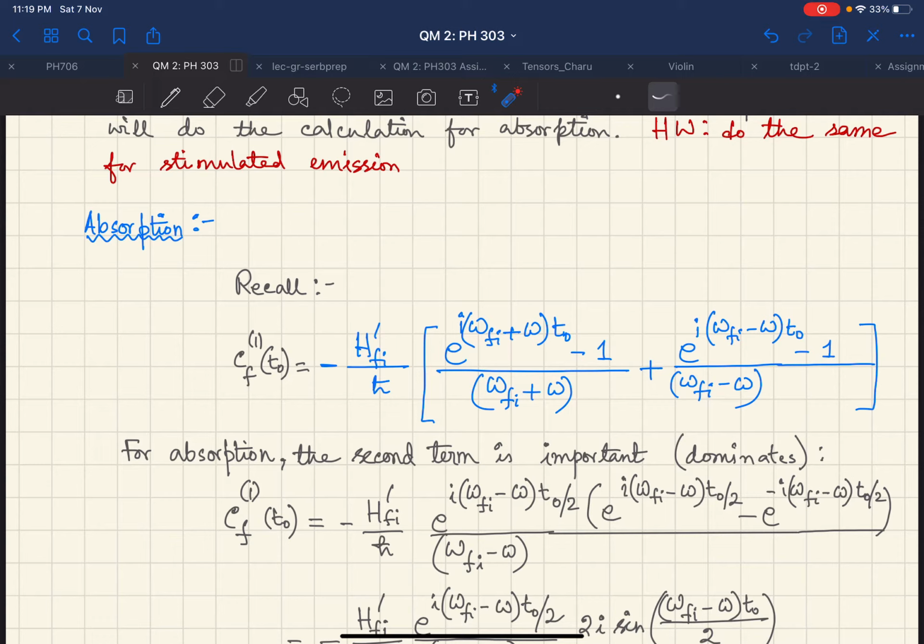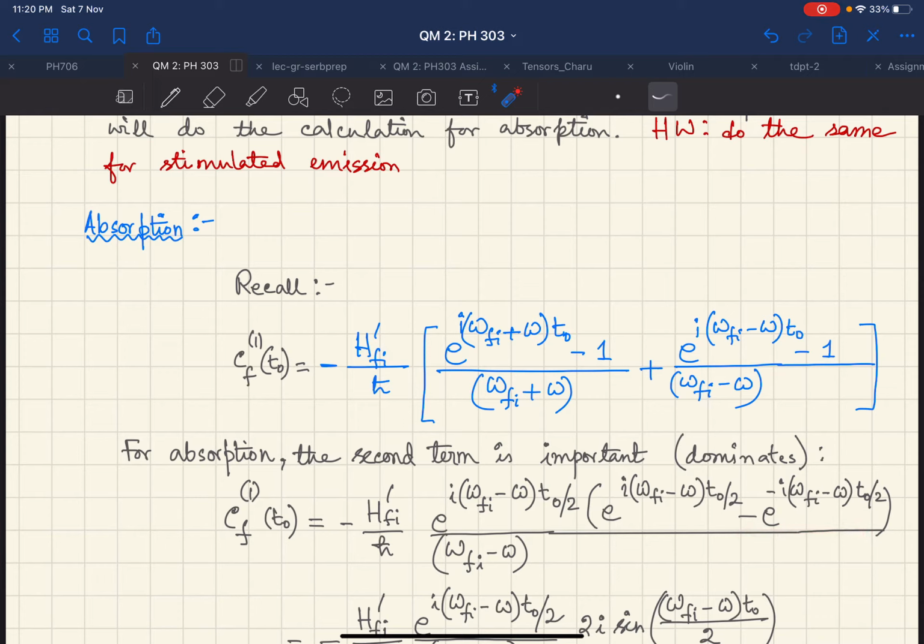ω_fi minus ω remains, but this quantity you use the same trick that you had used in case of the constant perturbation. That means you write e to the i(ω_fi minus ω)t_0/2, and then you will have a term like e to the plus i(ω_fi minus ω)t_0/2, which will make sure that the first term is there, and then the second term is minus e to the minus i(ω_fi minus ω)t_0/2.